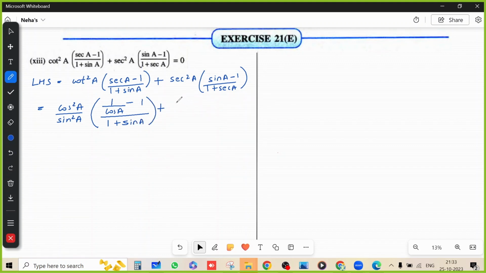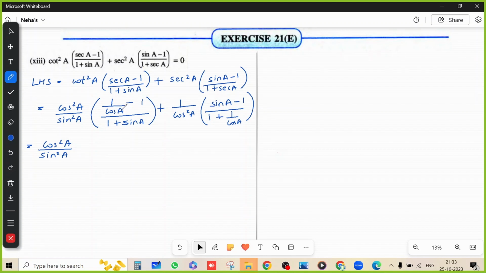Sec square A can be written as 1 divided by cos square A, as sec A is equal to 1 by cos A. The numerator here will be written as it is, and the denominator will become 1 plus 1 divided by cos A, as sec A is equal to 1 by cos A. Now we can further write it as cos square A divided by sin square A. Now here we will take the LCM.